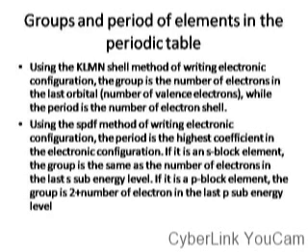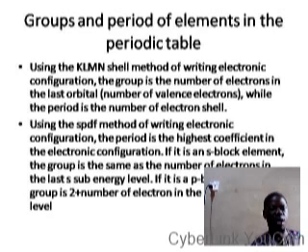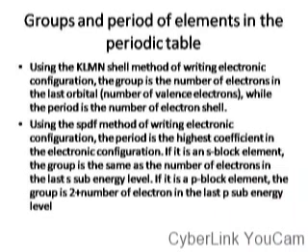Looking at the number of electrons in the outermost orbital, we can determine the group. If the last orbital to be filled is an s orbital, the element will be referred to as an s block element. But if the last orbital to be filled is a p orbital, the element will be referred to as a p block element.